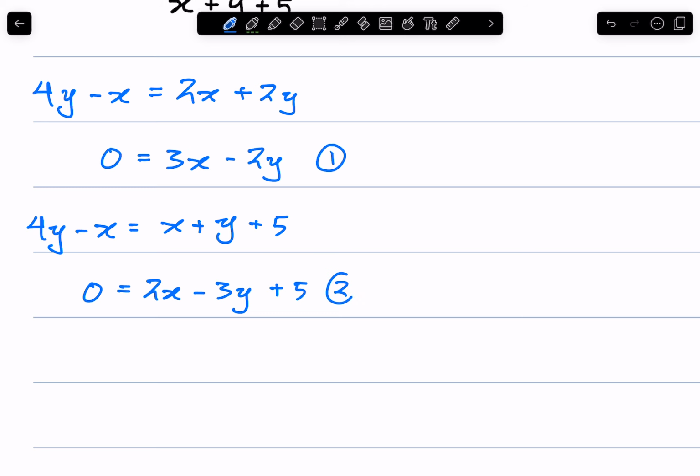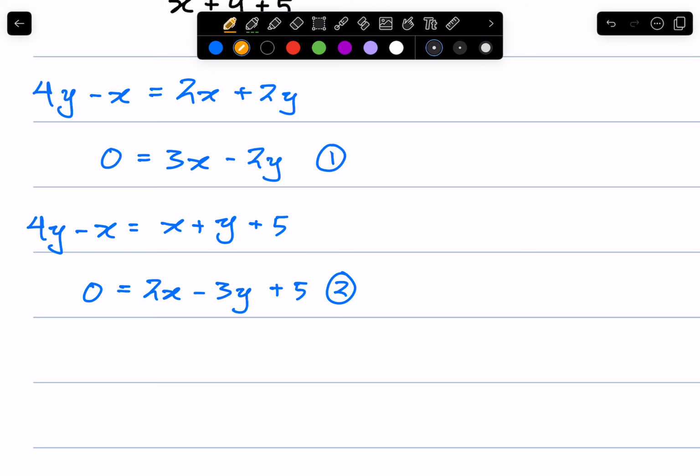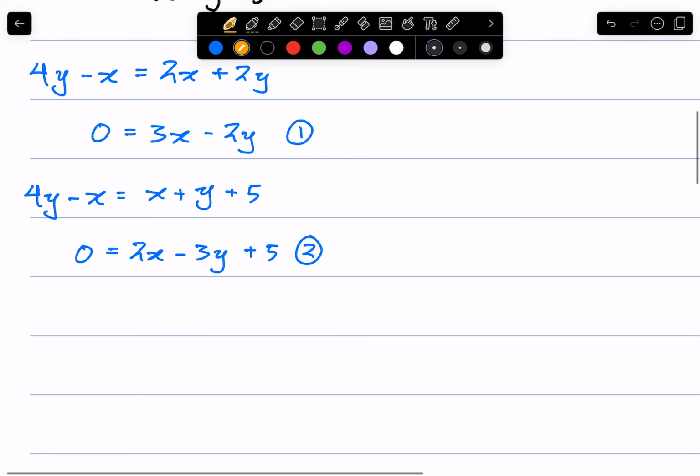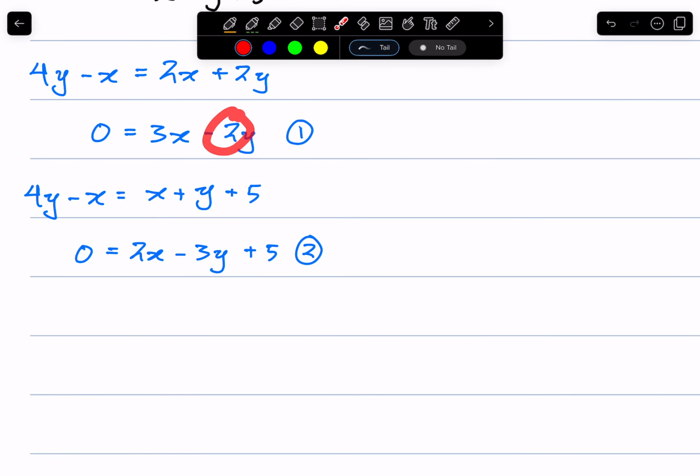And at this point, it's just a matter of solving this simultaneously. For this, I'm going to eliminate y. I'm going to make this times 3 and this times 2, so that the coefficients of y both become 6.